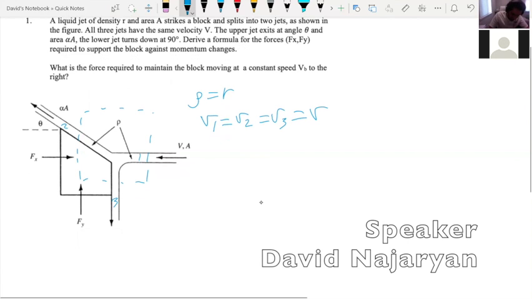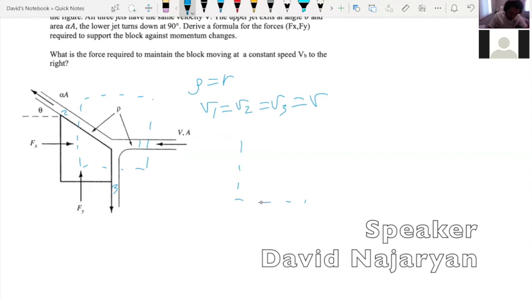Now for the free body diagram of this problem, we have inlets and outlets, obviously. So we have m dot in, v in. We have 3 going down, so I'll just write m dot 3 v3.